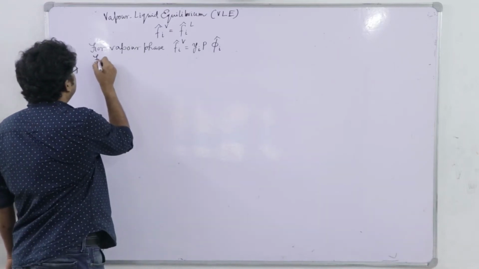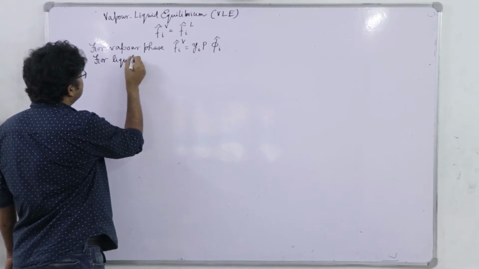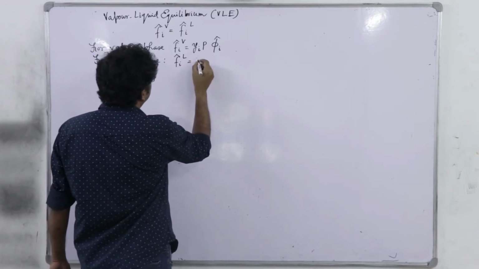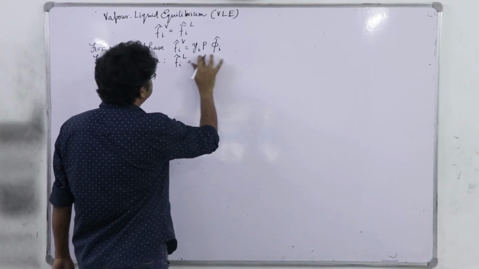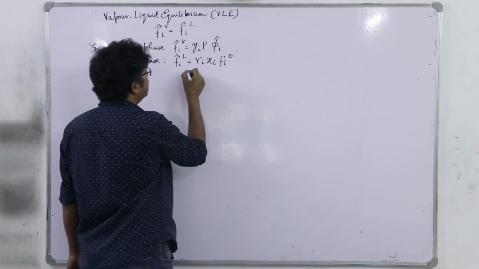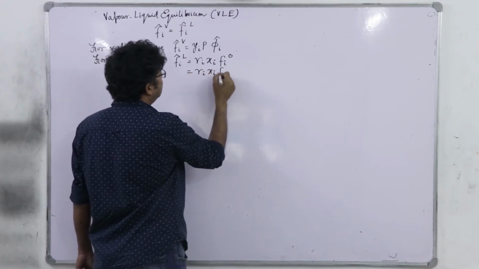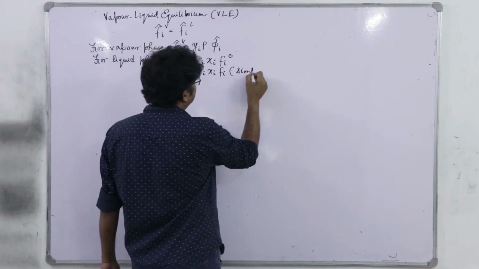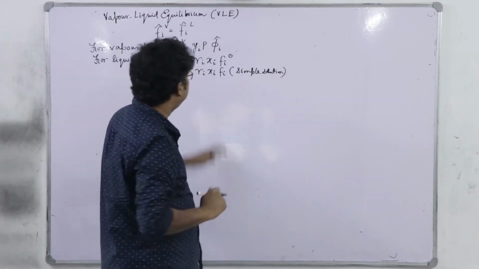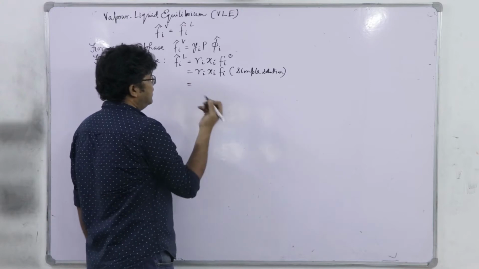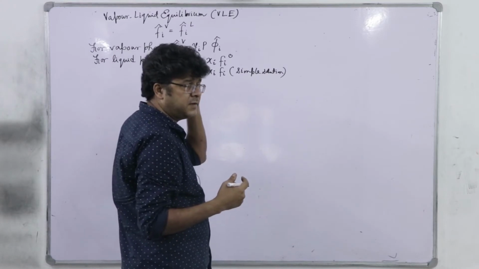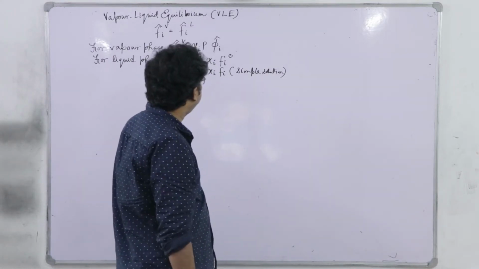Now for the liquid phase, Fi cap L is equal to gamma i xi Fi naught, right, which will be gamma i xi into Fi, considering simple solution, because non-simple solution vapor liquid equilibrium is beyond our scope, and Fi is the fugacity of a pure liquid species, it may be at high pressure, right.